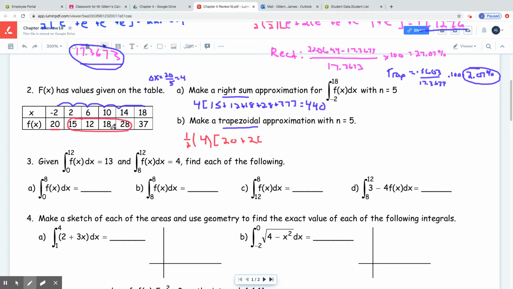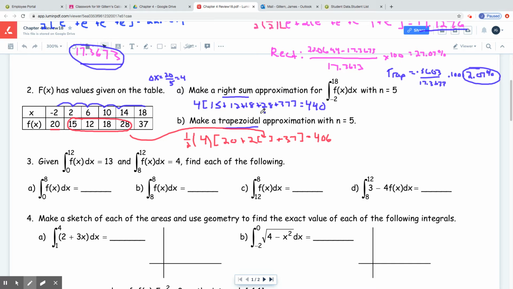So these numbers add together and get multiplied by 2, and then plus 37. Didn't feel like writing all those again. Put that in the calculator, see what we get. 406.